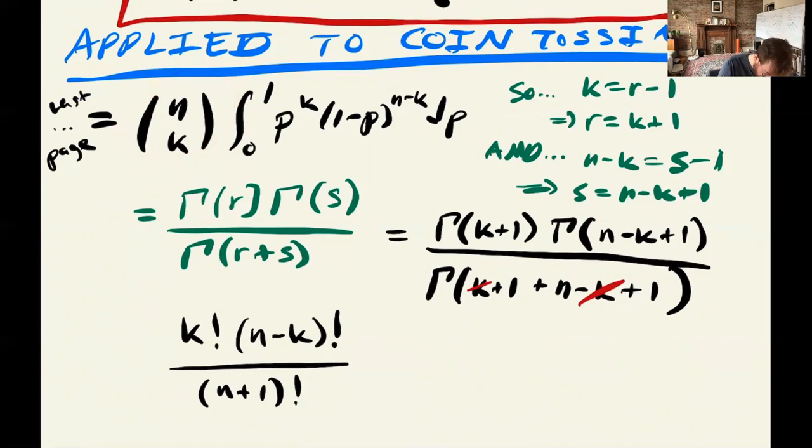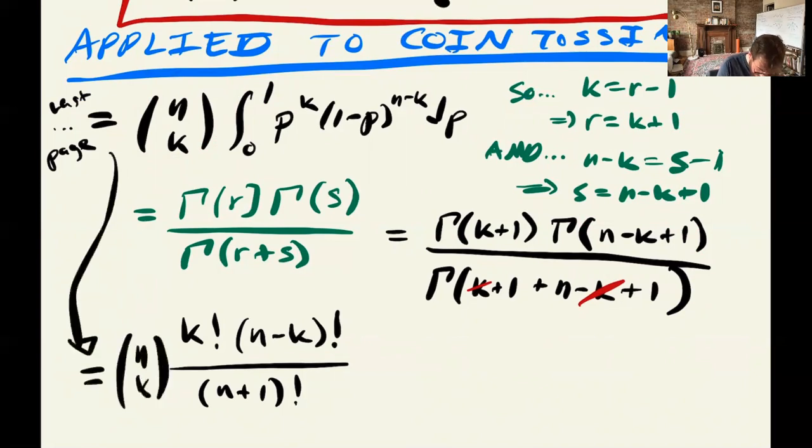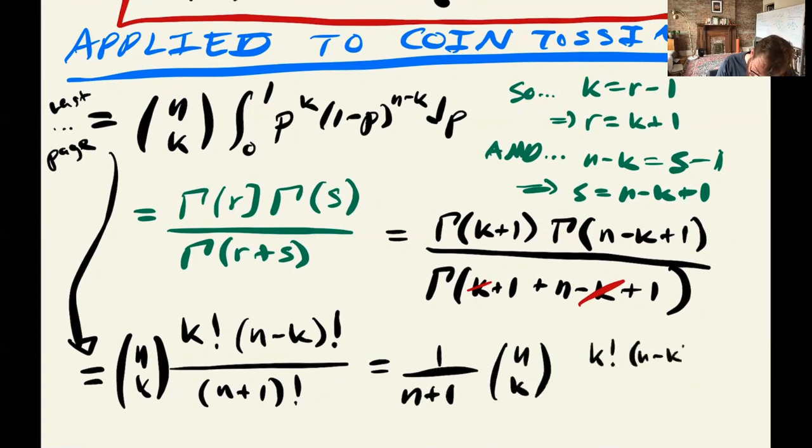So when I'm trying to evaluate the total integral here, I've got this n choose k from above, and then times this expression. Now, does this expression look familiar at all? Well, almost. If I pull out an n plus 1 from the bottom, I then get the following. Again, I've got my n choose k here, but then I've got k factorial, n minus k factorial over n factorial.